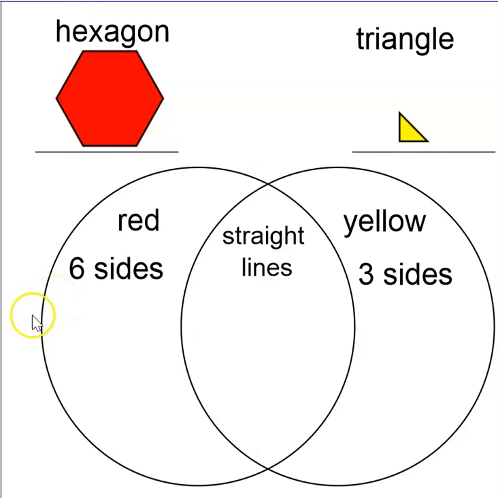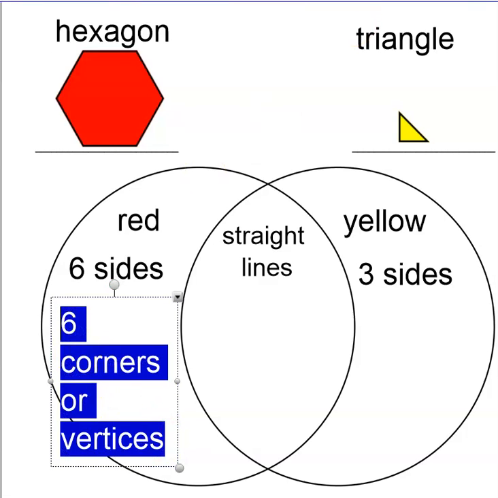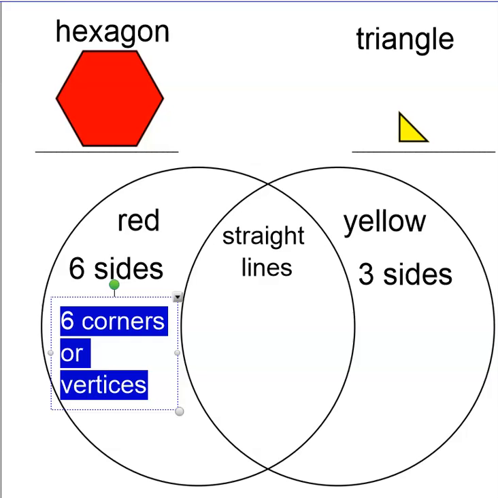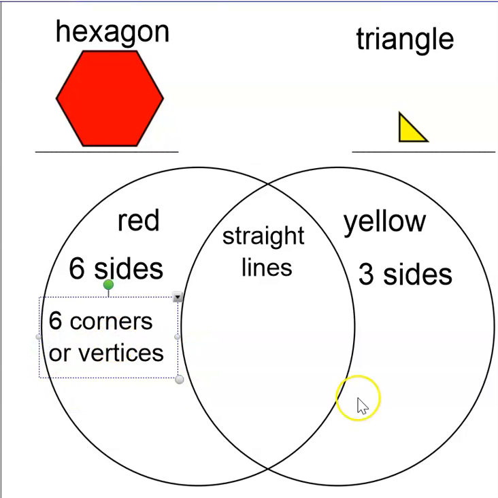Does anyone remember what corners are also called? They're called vertices. That's right. I'll make that one a little bit smaller. So they have 6 corners, or they're called vertices. Okay, but that's different, isn't it, than the triangle? So it's not gonna go in this yellow one.